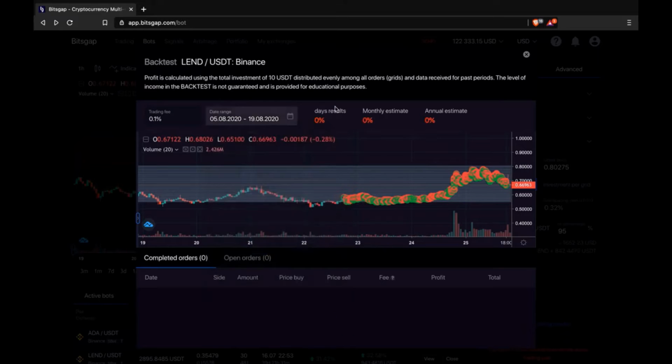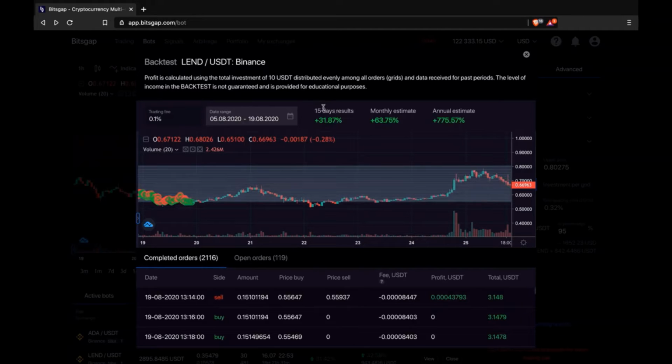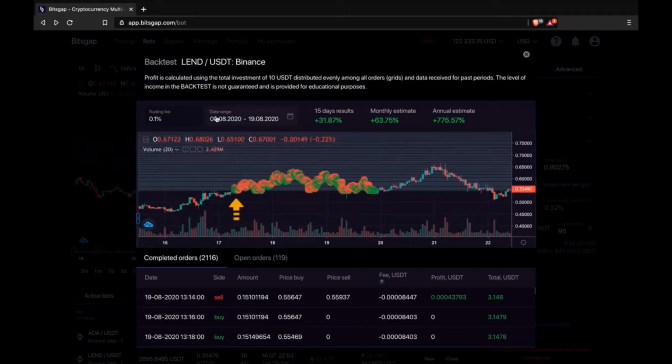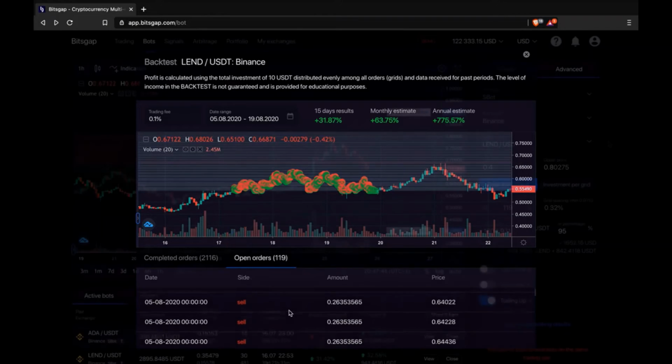So that's going to be a 15 days trading range. And as you can clearly see, if you would have launched the bot back at that time, the bot would have generated plus 31% in the quote currency. And most importantly, below you can see all of the completed orders as well as open orders.